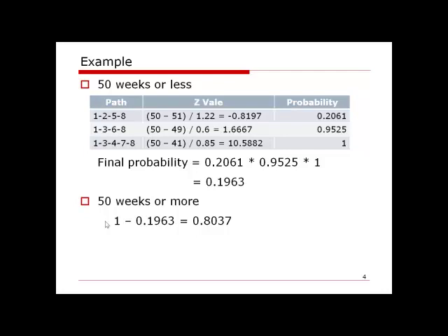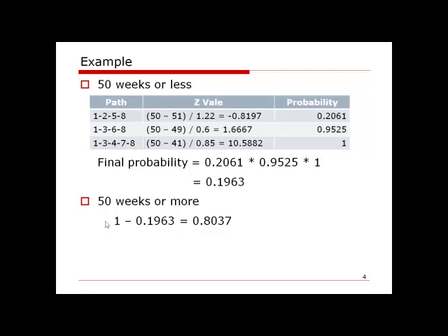And the probability that all three paths will be finished within 50 weeks is the multiplication of the three individual probabilities, which gives us a final probability of 0.1963. This means the probability that we finish the whole project within 50 weeks is 0.1963.